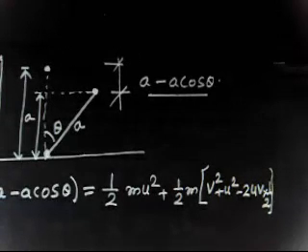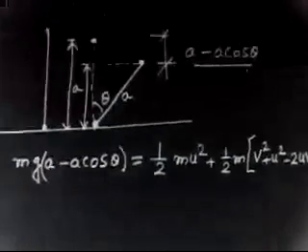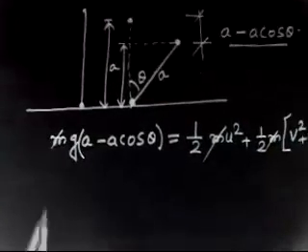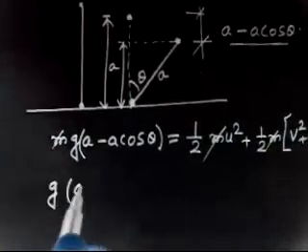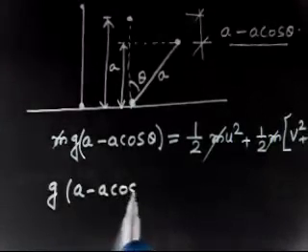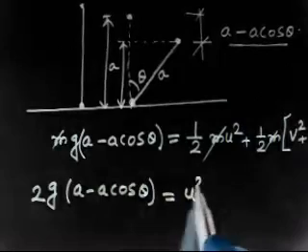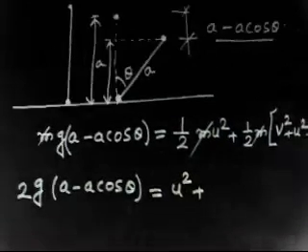Are you getting it? So what will you have? m goes out throughout. So g into (A minus A cos theta), multiplying 2 on this side, you will have u square plus v square plus u square minus 2uv.